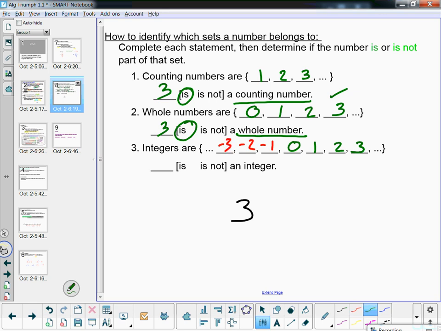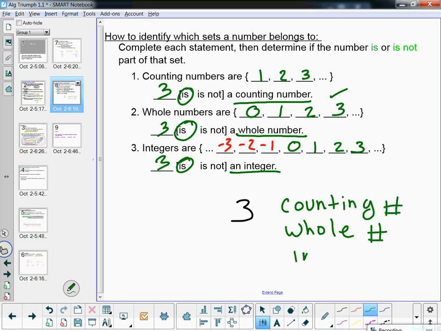What's our number? 3. Is 3 in the integers going from negative infinity, -3, -2, -1, 0, 1, 2, 3, onto infinity? Yeah, it is. So it is an integer. So 3 is a counting number. It is a whole number. And it's an integer.